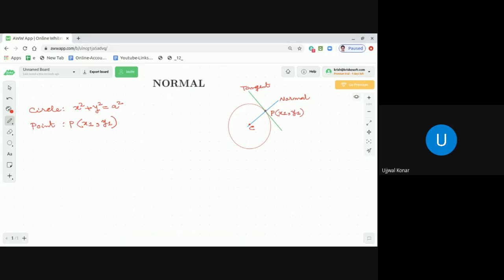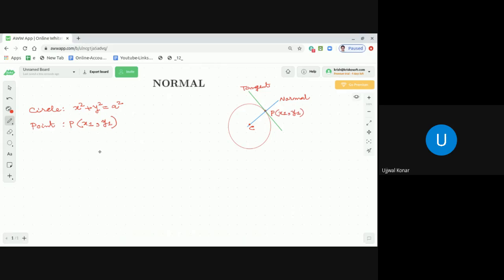You are already aware of the equation of the tangent from the previous lessons. All you need to do is make the slope of the normal minus 1 by the slope of the tangent, correct? And passing through the point x1 comma y1.